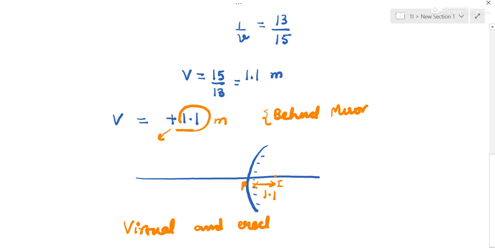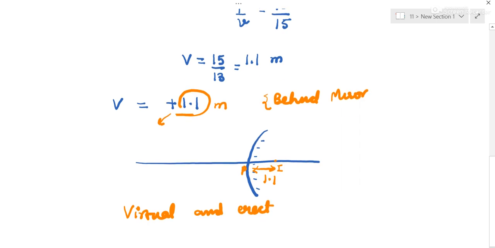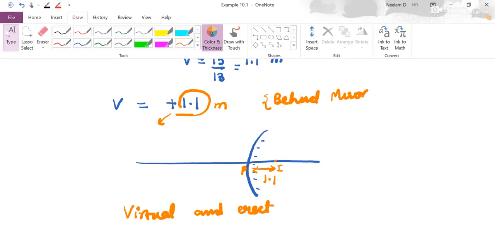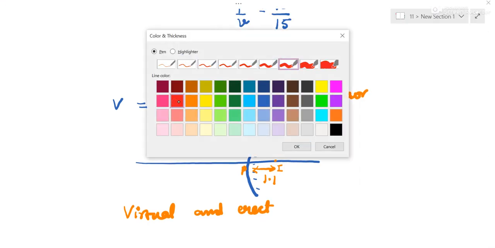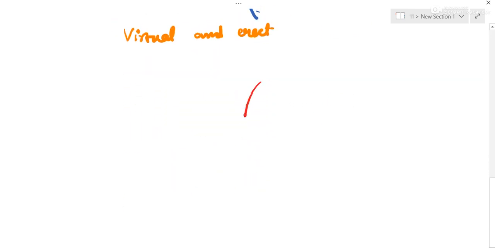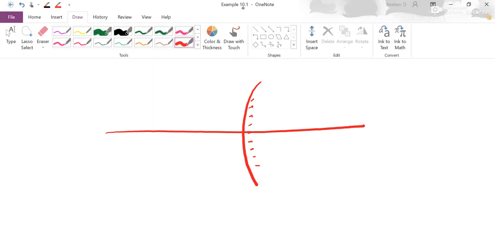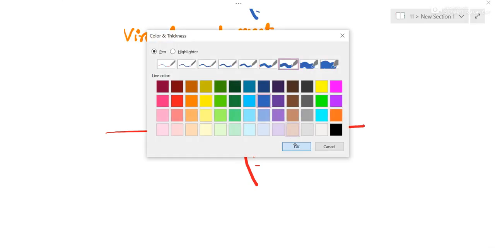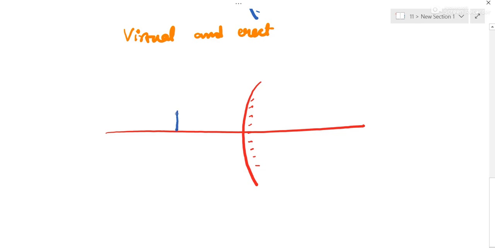We were told to find out the position, nature and size. For size, you can take help of a ray diagram. So this is your convex mirror and this is your principal axis. You can draw your object, the bus, somewhere here.